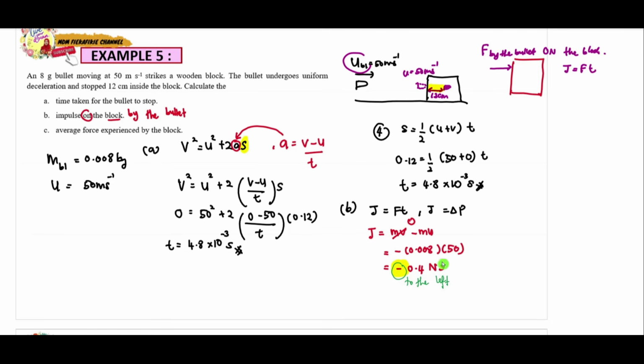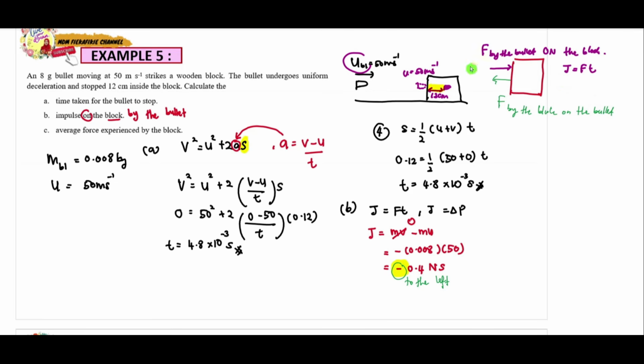Okay. So, saya dah kata tadi, when there is a force exerted by the bullet on the block, akan ada satu lagi reaction force exerted by the block on the bullet. Sama macam soalan air tadi.